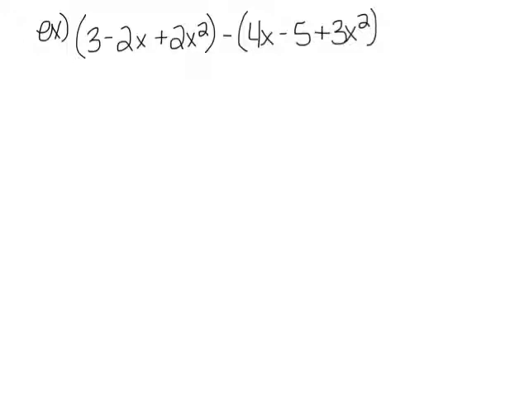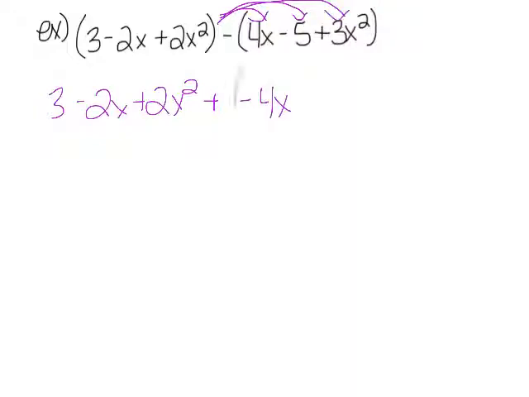So to rewrite my new combination of polynomials, I'm going to have that 3 minus 2x plus 2x squared. And then I'm going to add, and when I distribute this negative sign to each one of my terms, I get a negative 4x. And then that negative with a negative 5 becomes a plus 5 minus 3x squared.